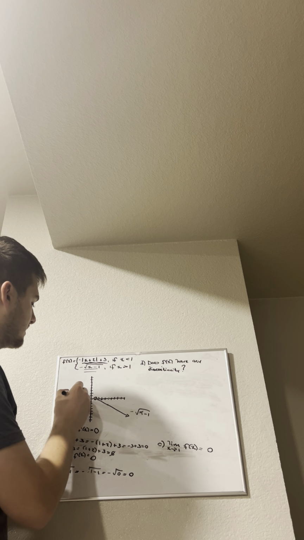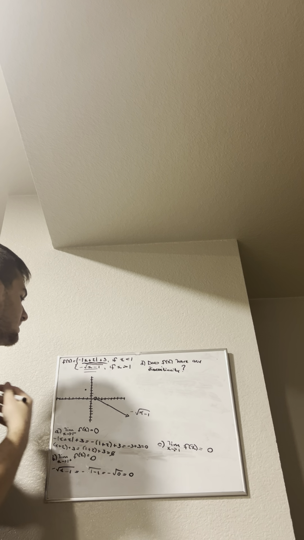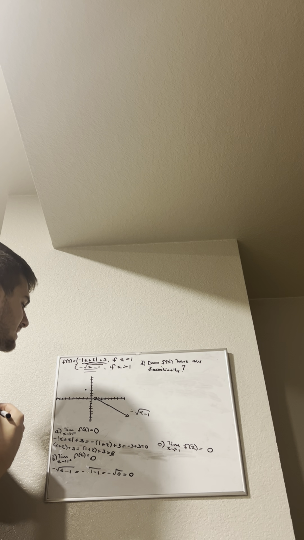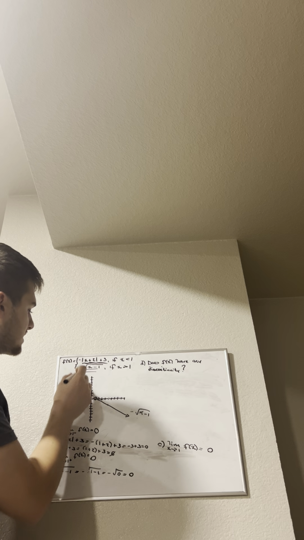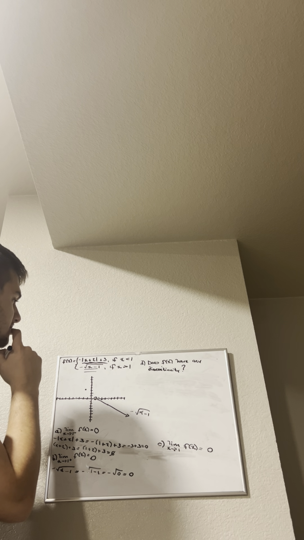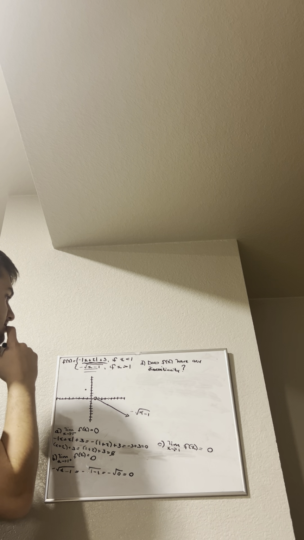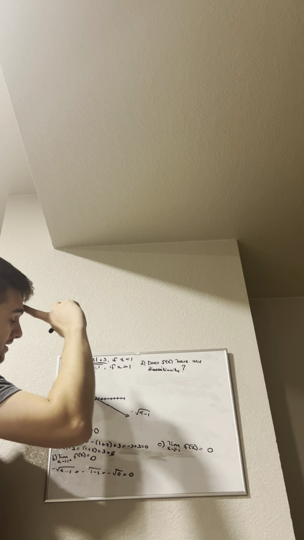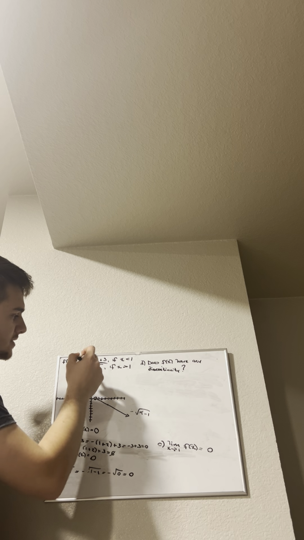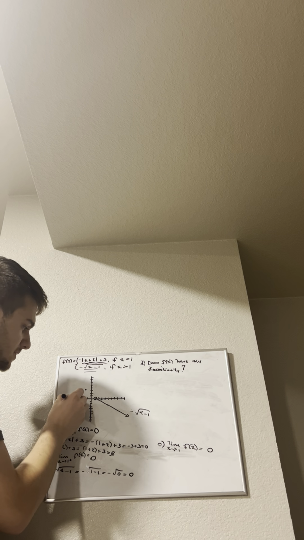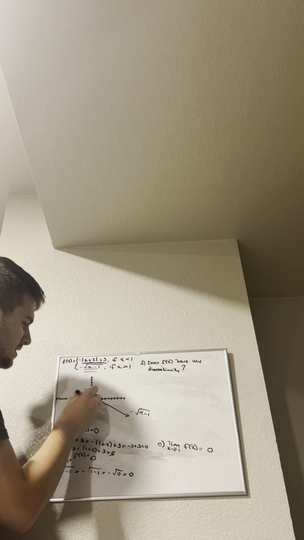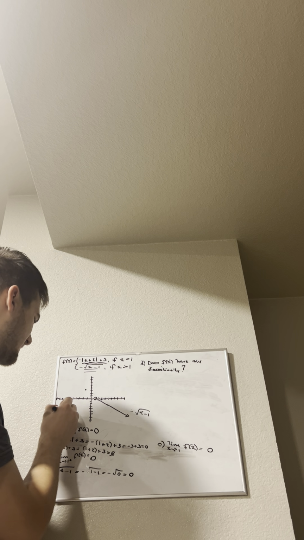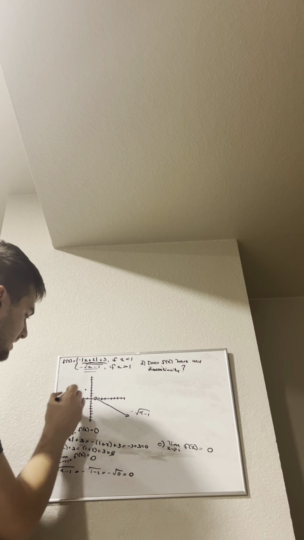And let's plug in some sort of point that could be useful to us. We can just plug in 0 for x. So 0 plus 2 is 2, and then plus 3 is 5. So when x equals 0, y equals 5, so it's going to be negative 5 in this case.